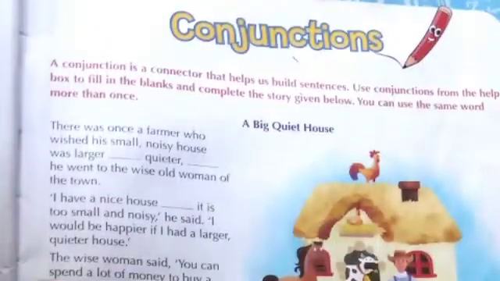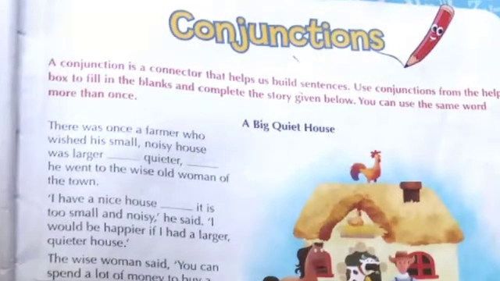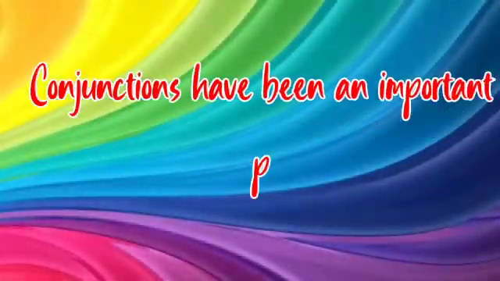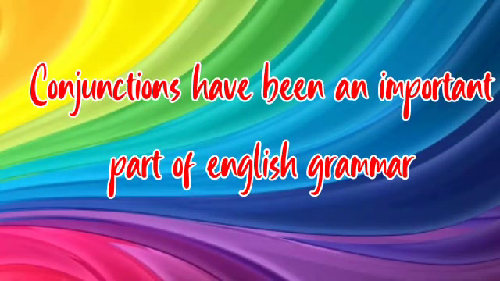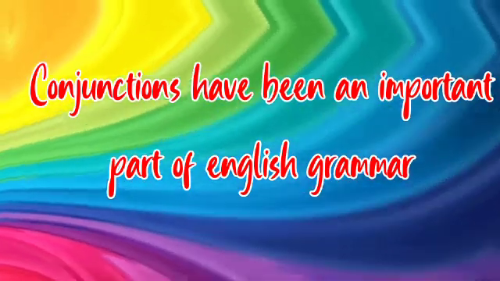Lesson 14, Conjunction. Conjunctions are an important part of English grammar. Knowing a list of conjunctions will help you not only be clear with your sentences but also sound more knowledgeable.